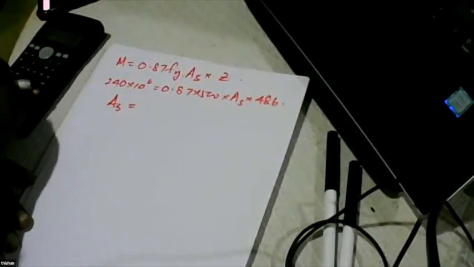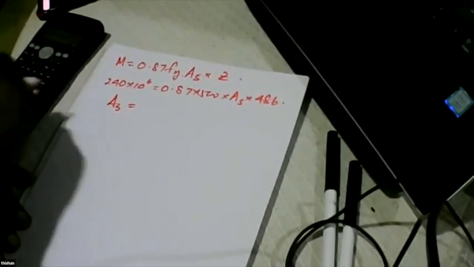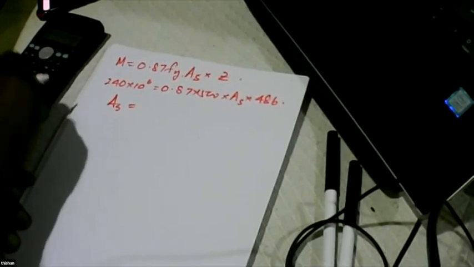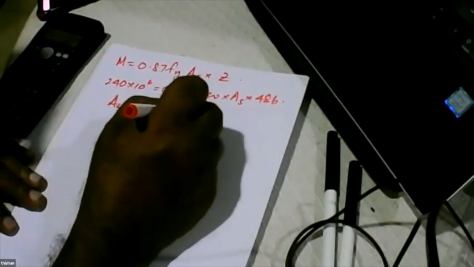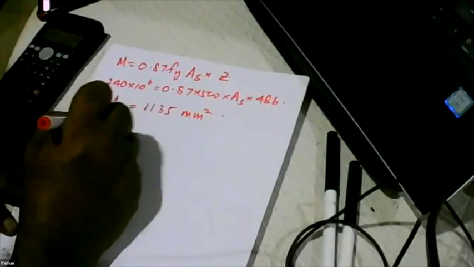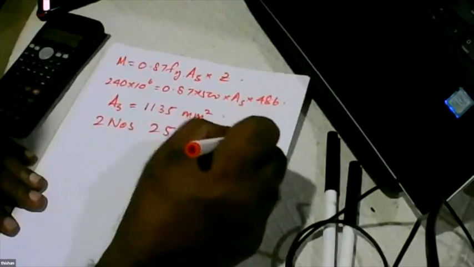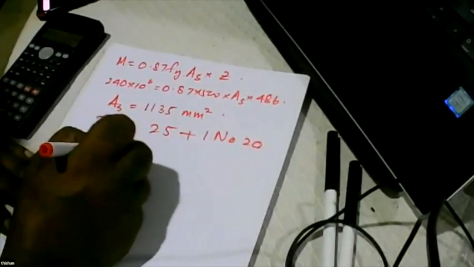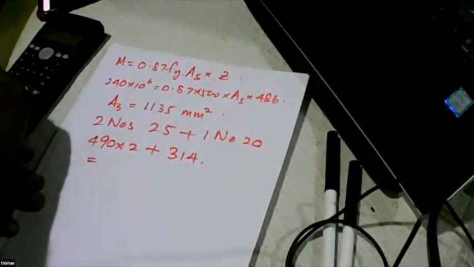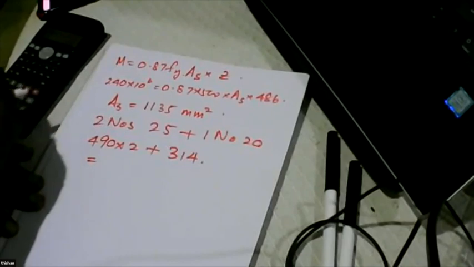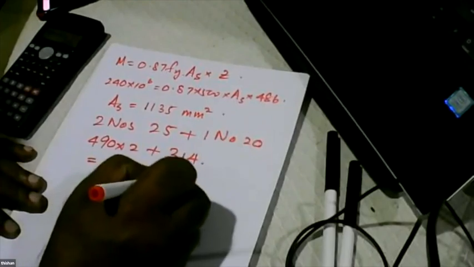AS is equal to 240 into 10 to the power 6 divided by 0.87 divided by 500 divided by 486. So you get 1135 millimeters squared. So you can use two numbers of 25 plus one number of 20. So you get 490 into 2 plus 314, and that gives 1294 millimeters squared.